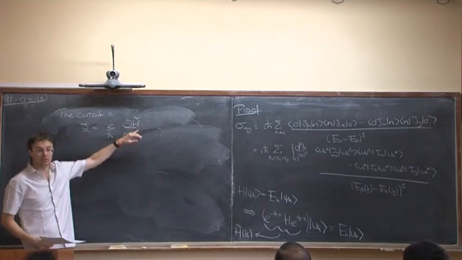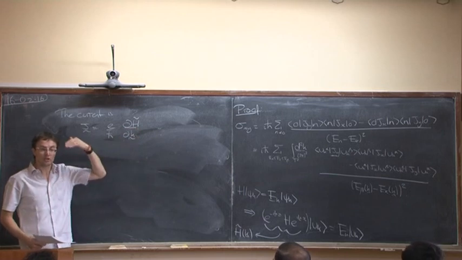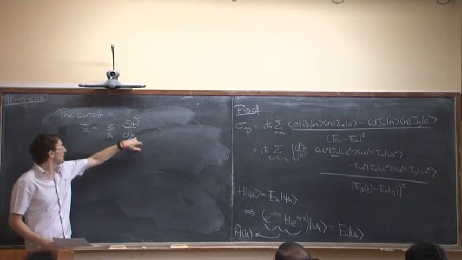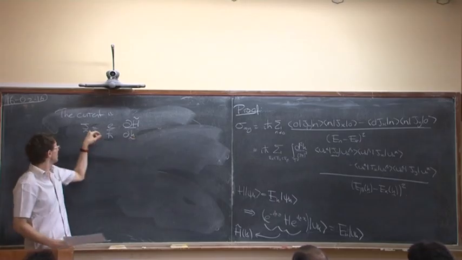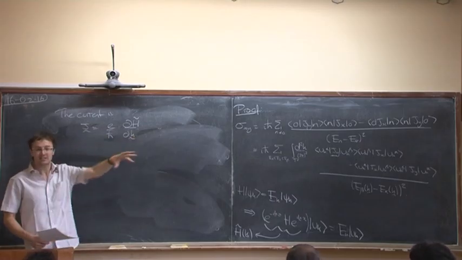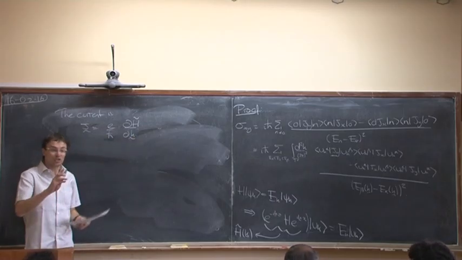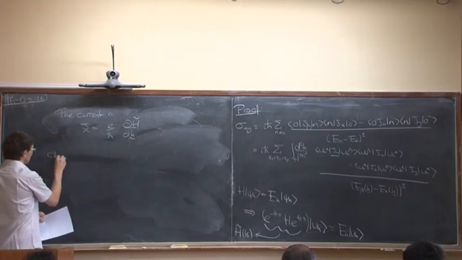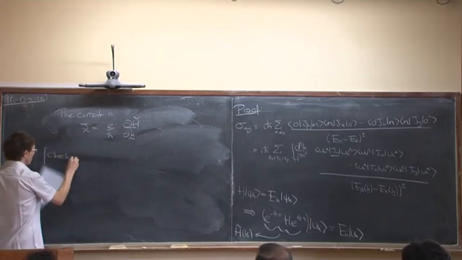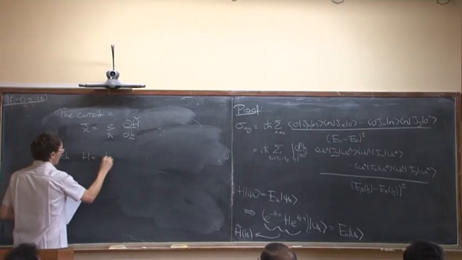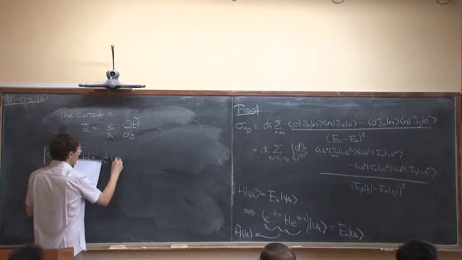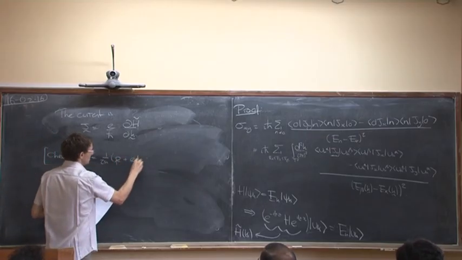It's because this is the group velocity. The variation of the energy with respect to the momentum is the group velocity, and the current is roughly charge times velocity. Just to check, let's look at something very simple that we've seen before. Suppose that what we have is a Hamiltonian, not for a particle on a lattice, but just a free particle.